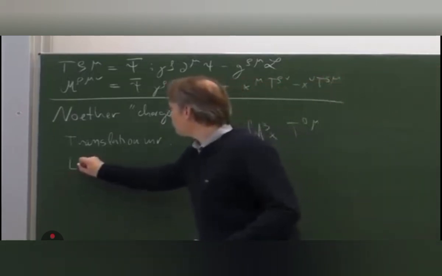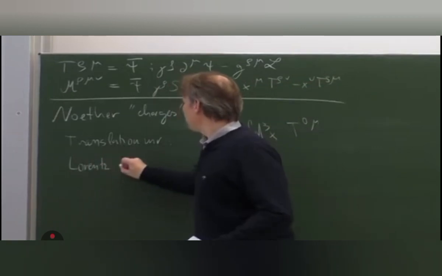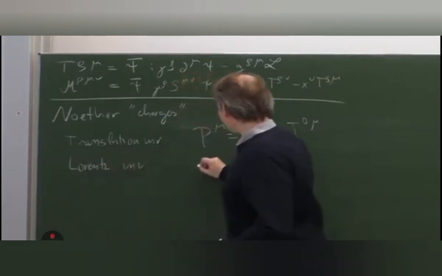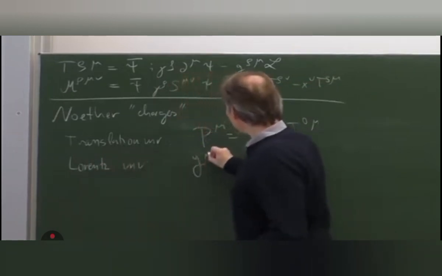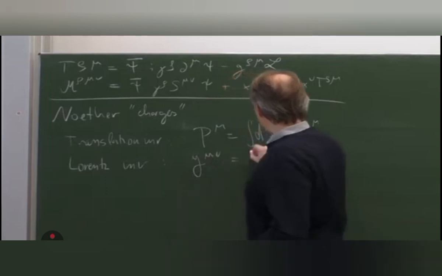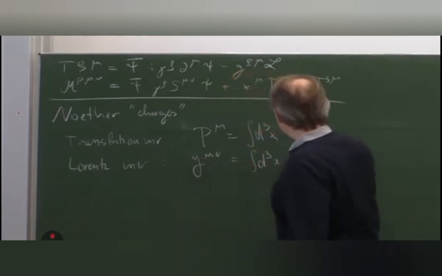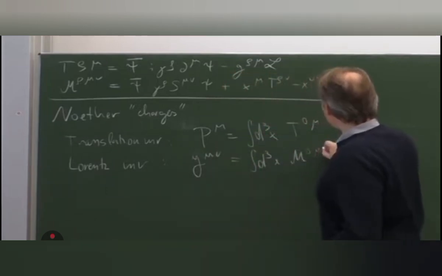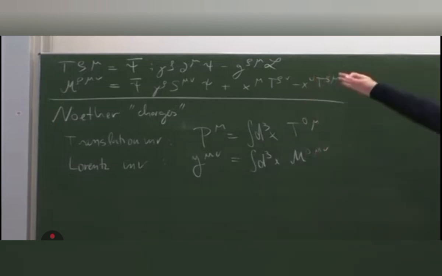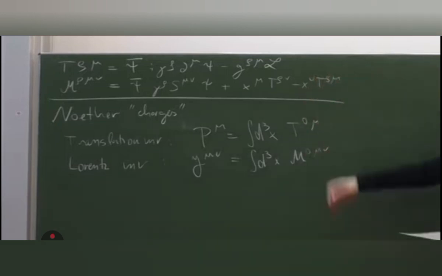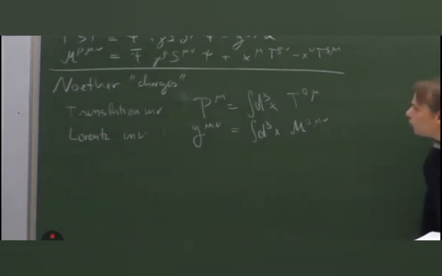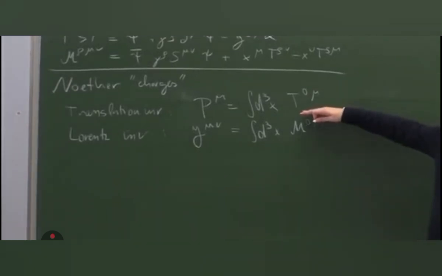And then we have the conserved quantity for Lorentz invariance, which we call J mu nu, which is the d3x integral over this M0 mu nu. Both of those quantities are given here, so we don't need to copy it here. But in that way, we have defined expressions for conserved quantities.